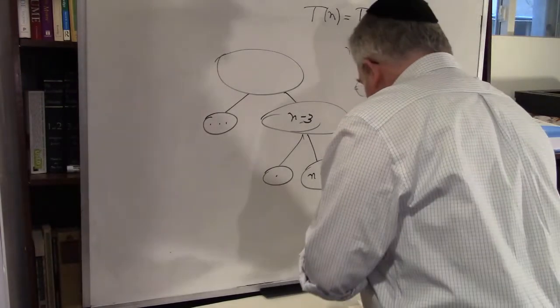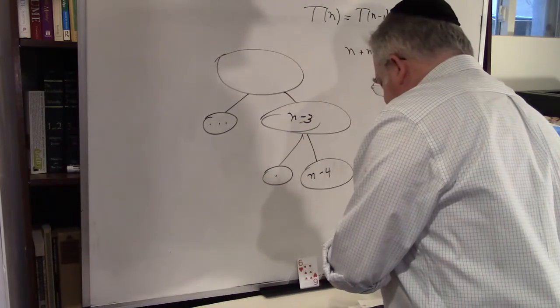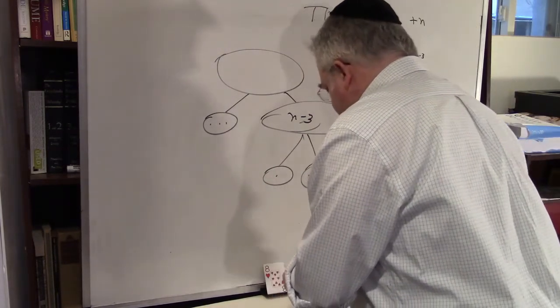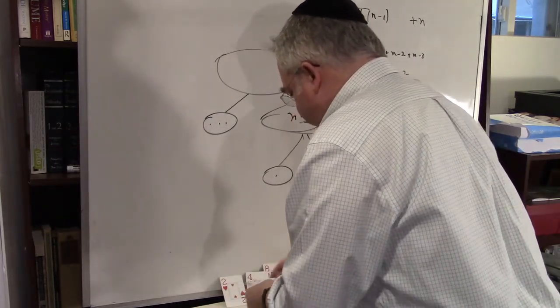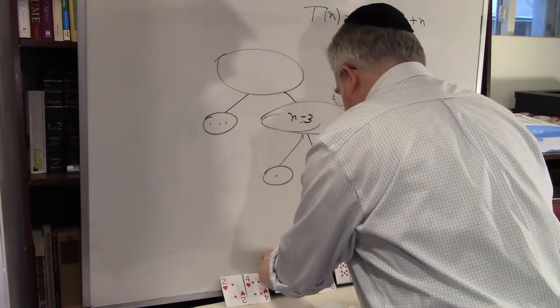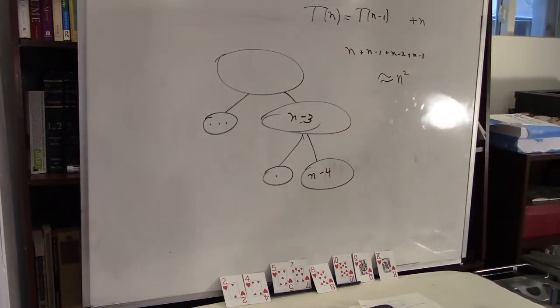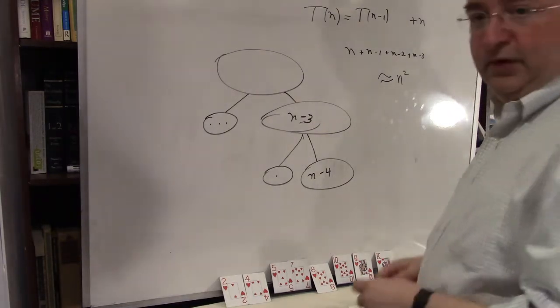Let's say I have a bunch of cards. Okay, can you see the cards? Yeah, you can see the cards. Let's say you have a bunch of cards, and they're kind of in order.